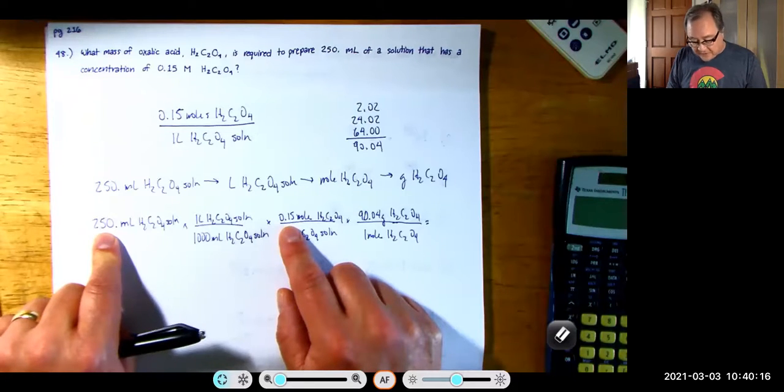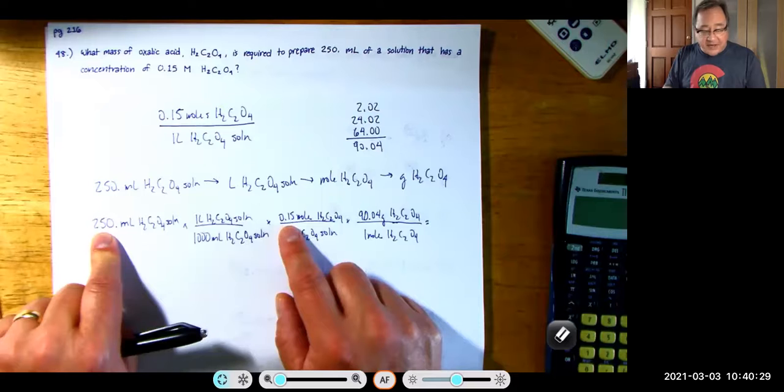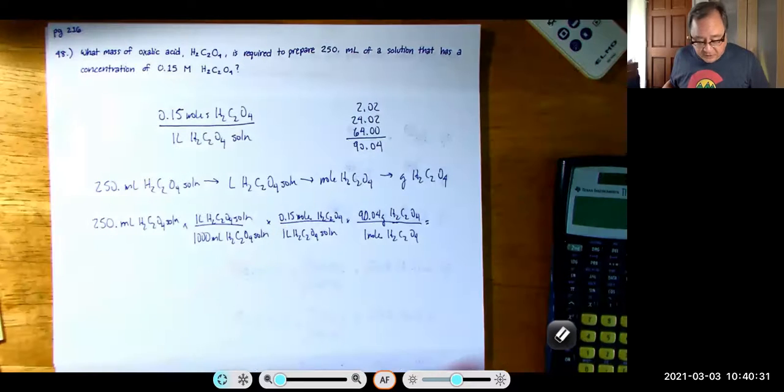Let's see, 25 times 0.1 is, or I said 23. 23 times 0.1 is 2.3. 23 times 0.2 is 4.6. So the answer's got to be somewhere in the middle of 2.3 and 4.6. So I'm going to say, I don't know, 3.5. So that's my ish.